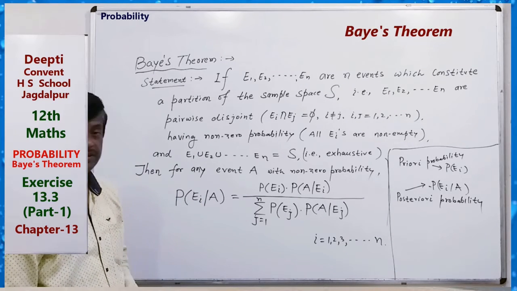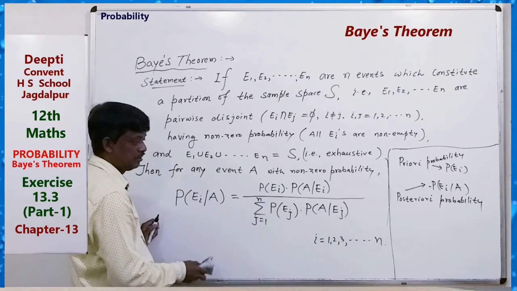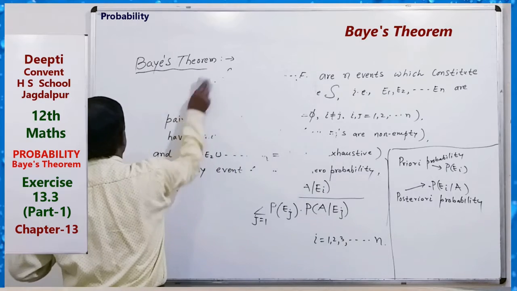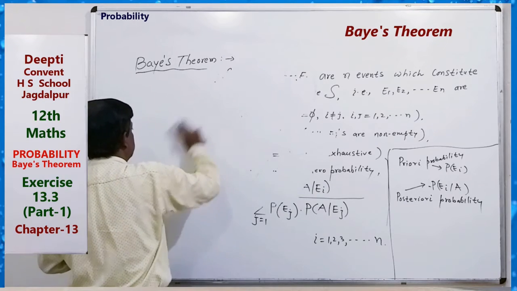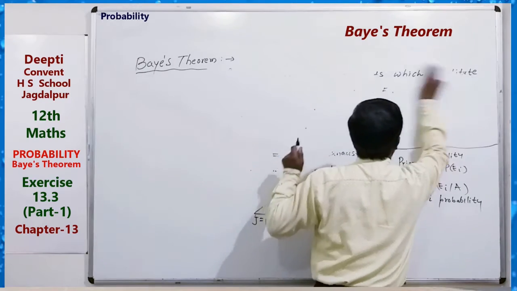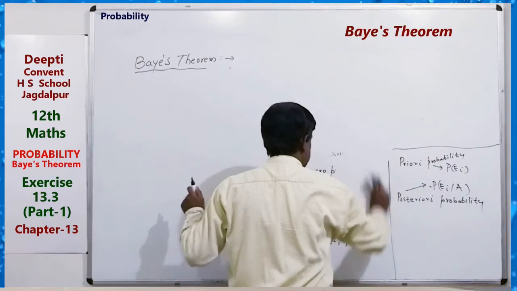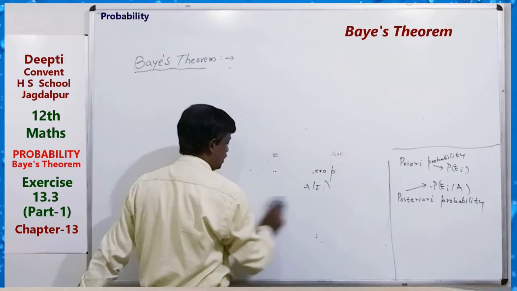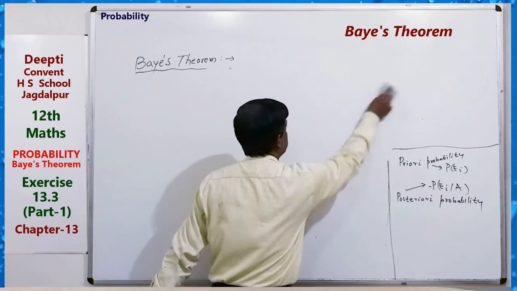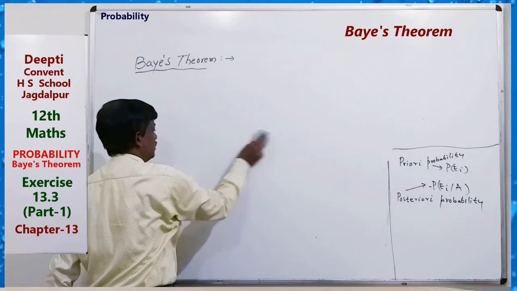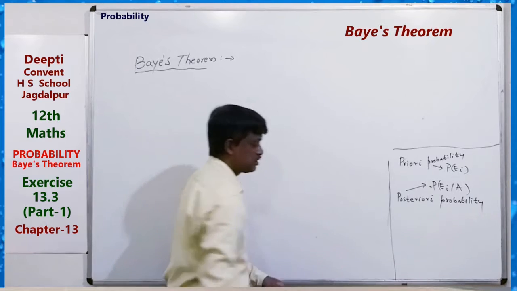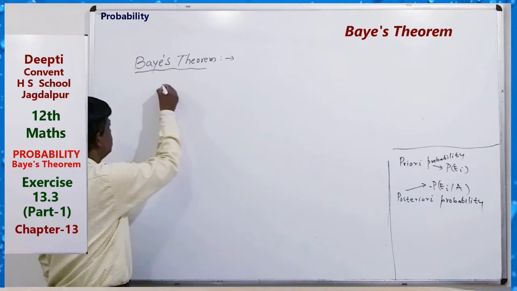So see how. Here we know E1 to En are partitions.